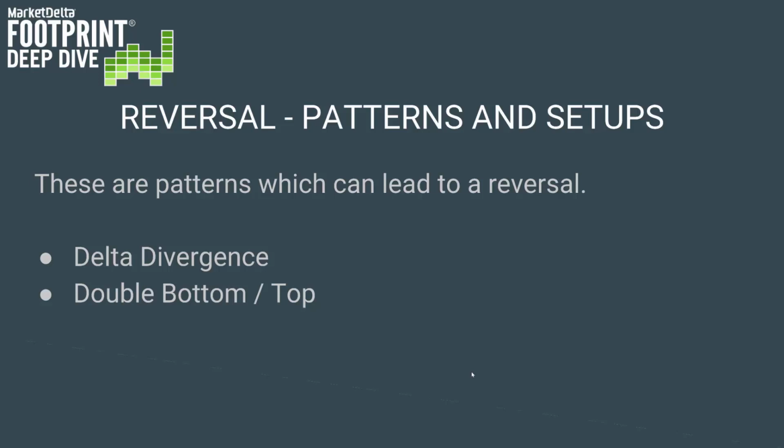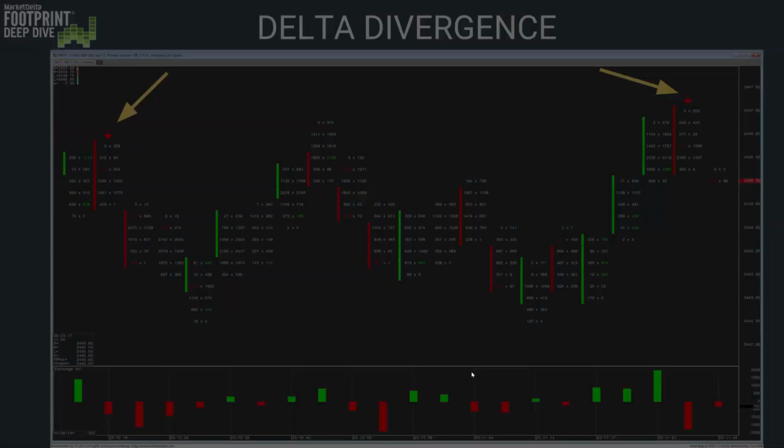The two that we're going to look at are delta divergence, which is definitely a reversal pattern, and then the double bottom or top. We'll look at a double bottom example from, I think it was today or yesterday's market, that I just grabbed a screenshot of. So those are the two we're going to look at, and I'll talk through them.